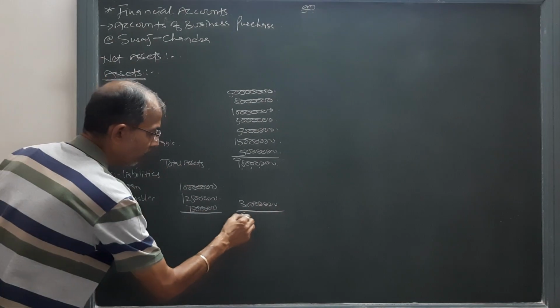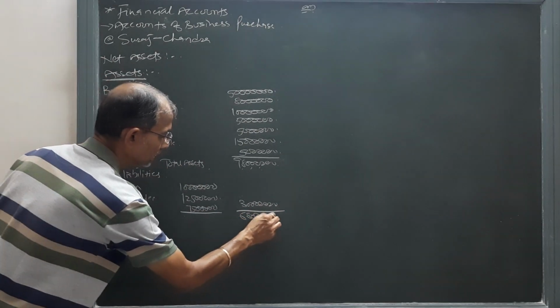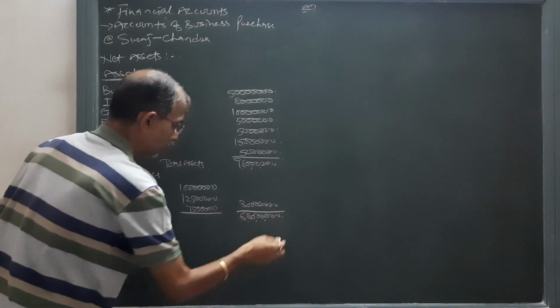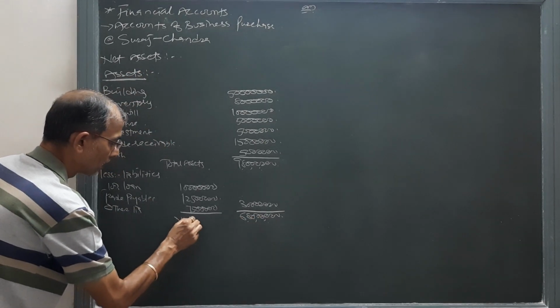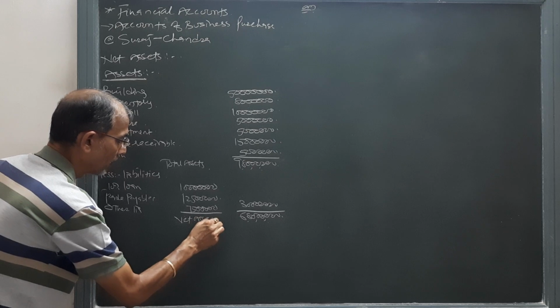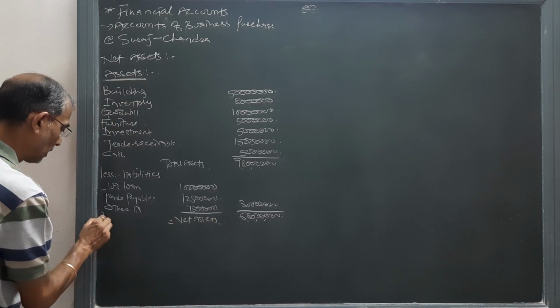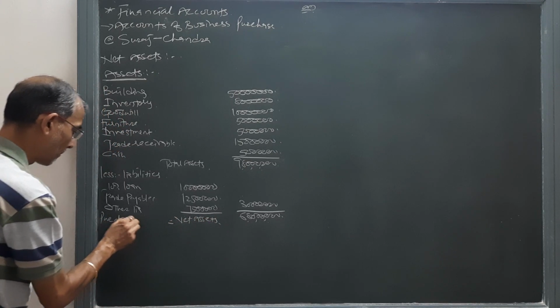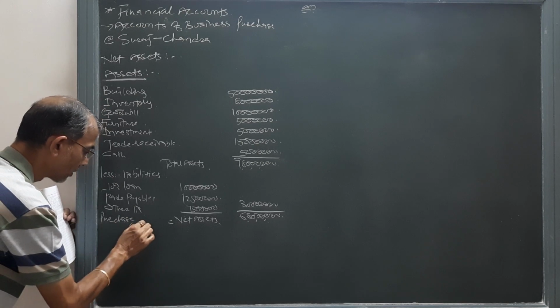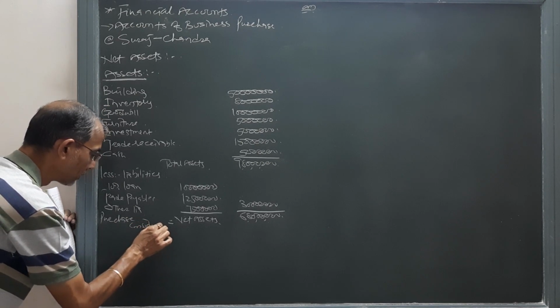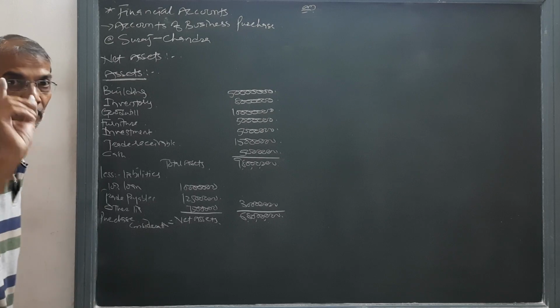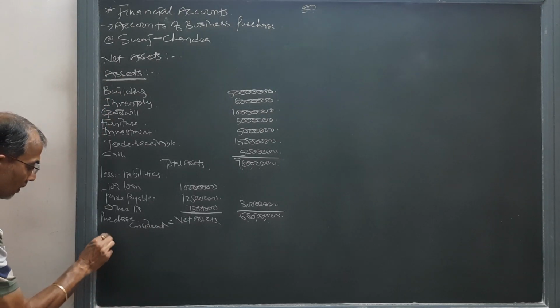In this way, value of net asset is 6 crore 80 lakh, and that is purchase consideration. Now payment is to be done.